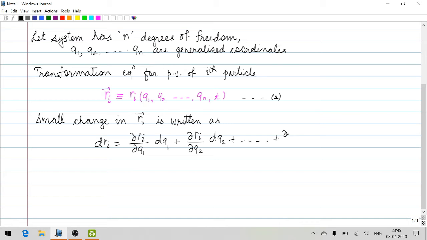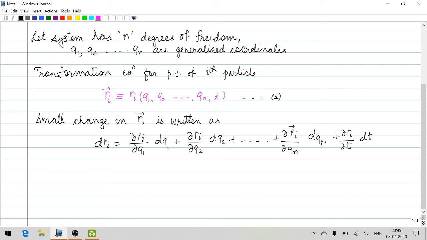I hope all of you are aware of the chain rule. It is not necessary always to write vector Ri. It is assumed that now it is a vector. So the last variable is time. So I have written that also in terms of time.